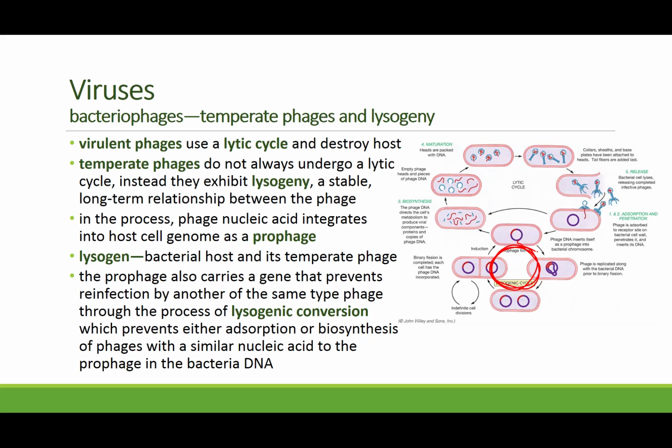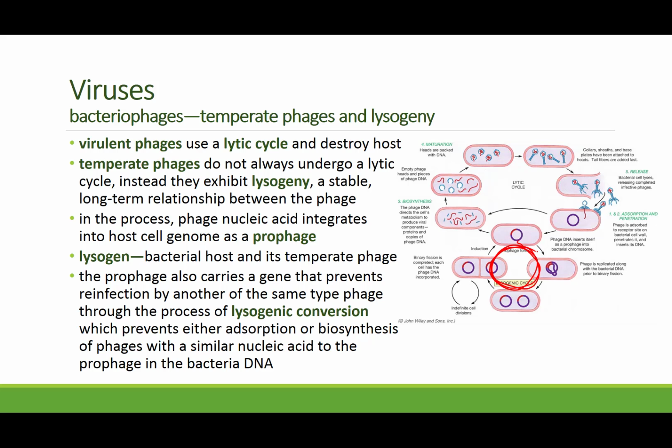So it can last for a long time as a lysogen, doing this stable lysogenic cycle, and experiencing lysogenic conversion. Now, lysogenic conversion does not protect it from other groups of phages. So if a different species of phage tries to adsorb to it, that phage will be able to adsorb and also infect it.